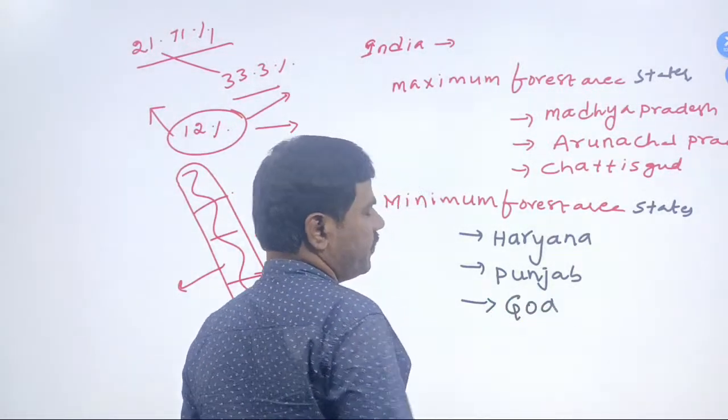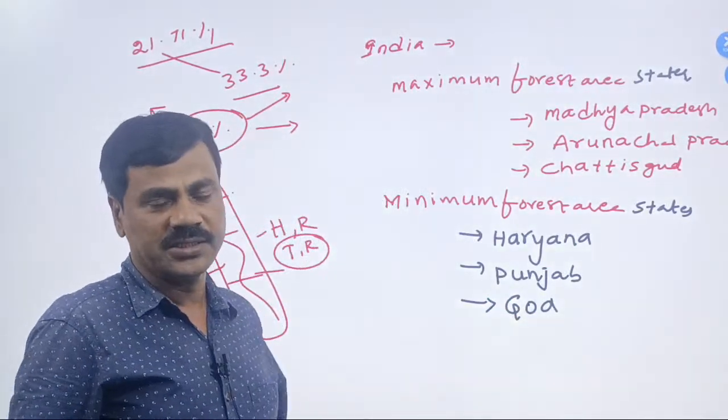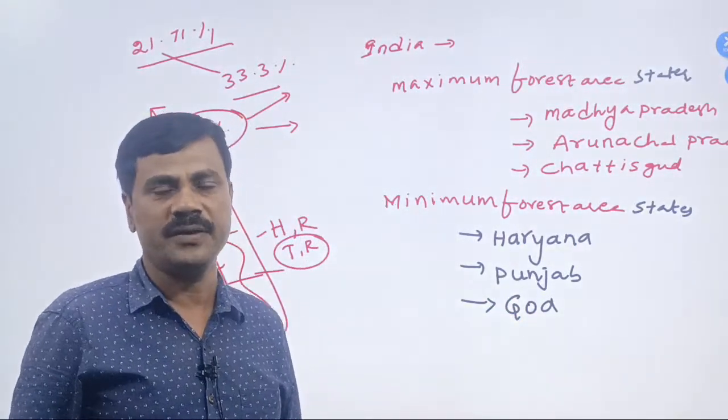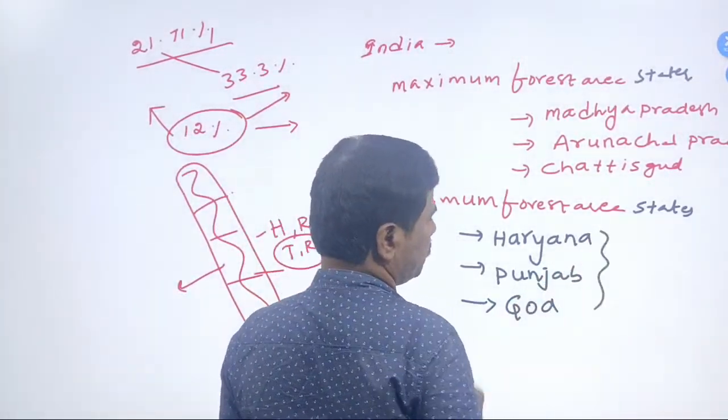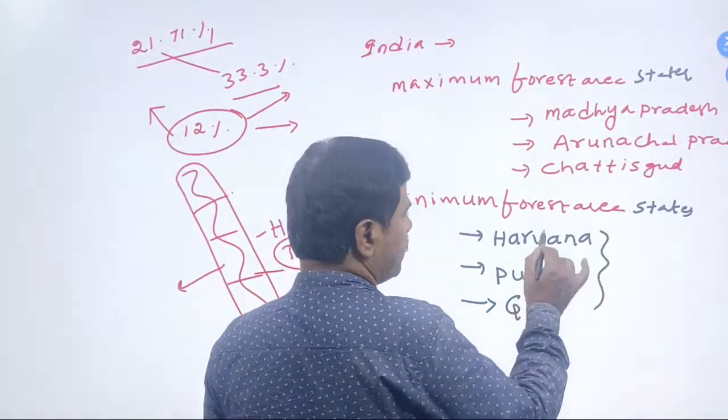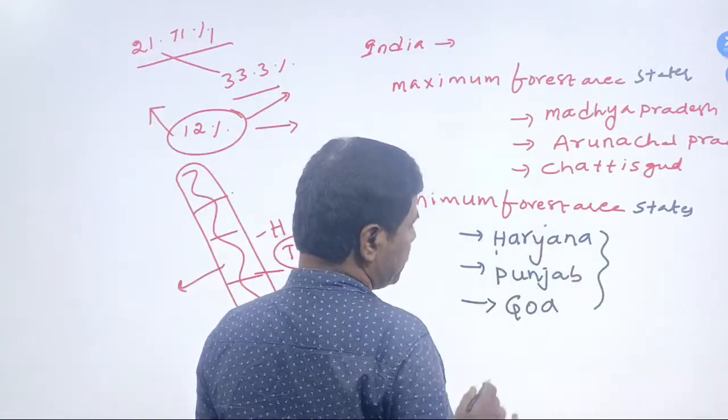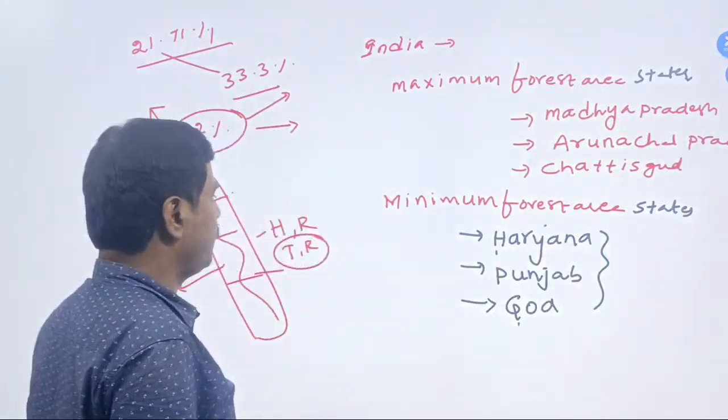In order, the least forest area is in Haryana, then Punjab, then Goa. Okay.